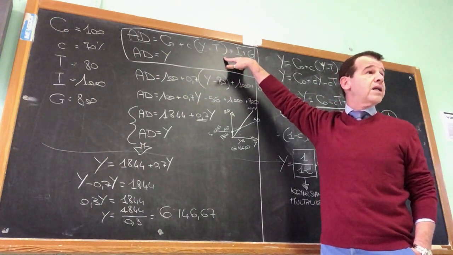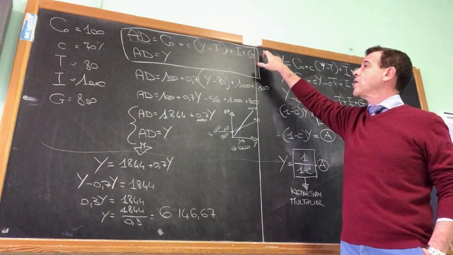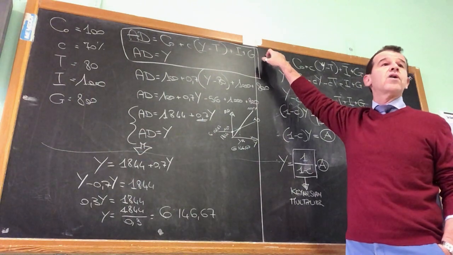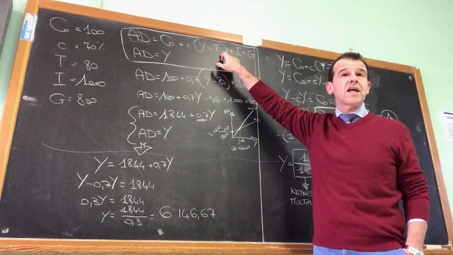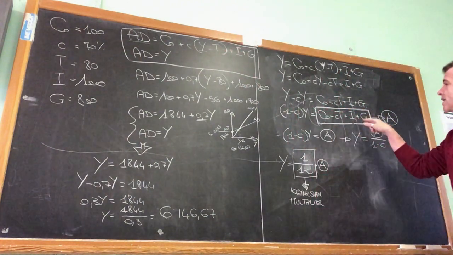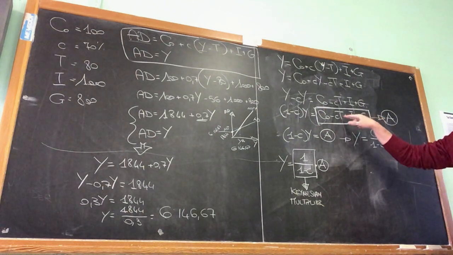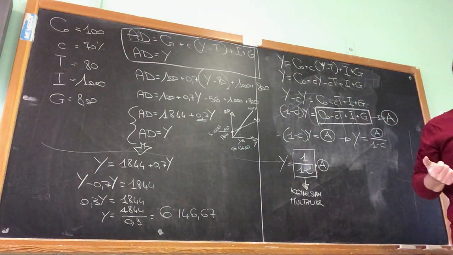So the state has to give jobs to those people, and needs to pay their salaries. Up to now, you paid the salary with taxes. But if you increase government expenditure and also increase taxes, the effect will be zero. And now you can see it mathematically, okay? Because if I increase governmental expenditure by 100, but those 100 I took from taxes, the effect on the system is going to be zero. Look inside A, right? So you can't pay it by taxes, you need to use public debt.